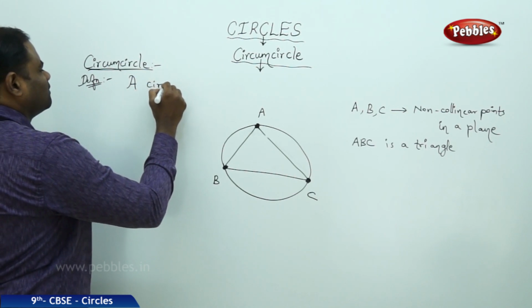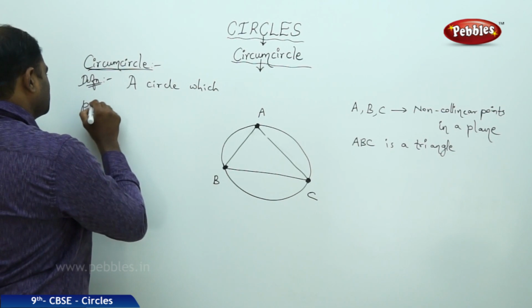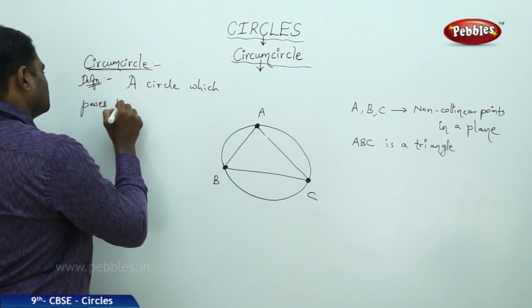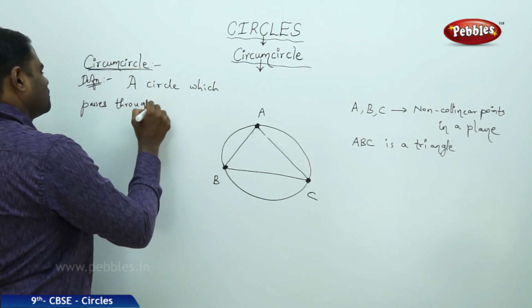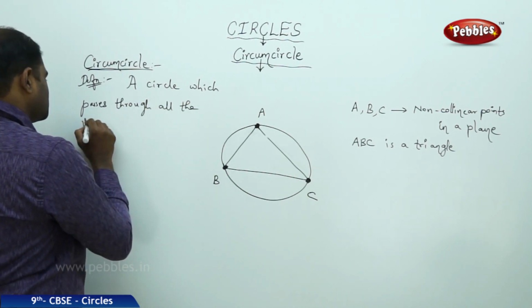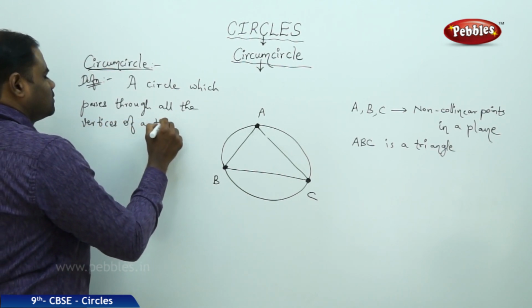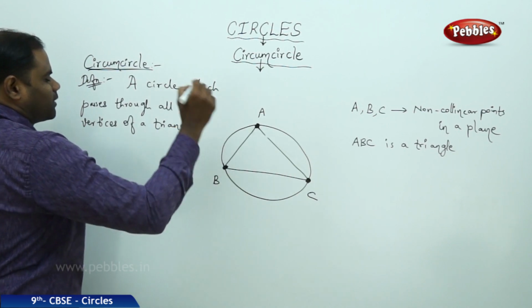A circle which passes through all the vertices of a triangle.